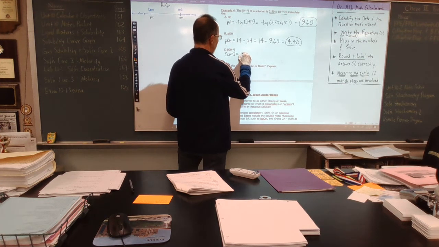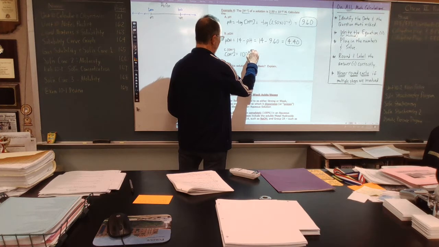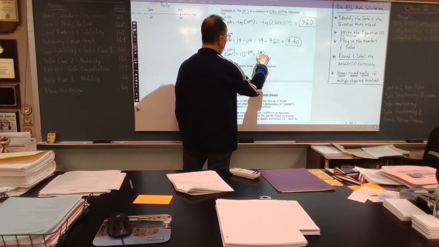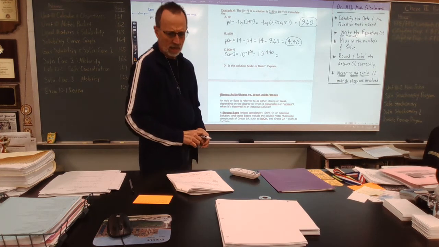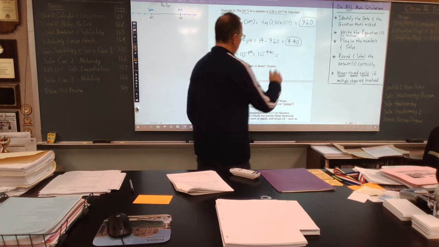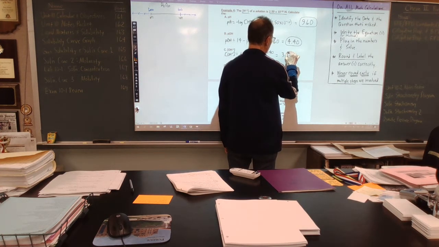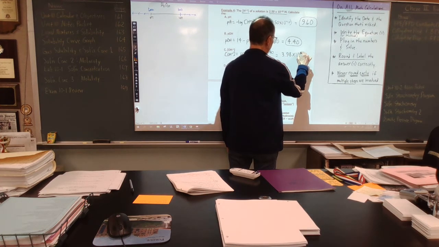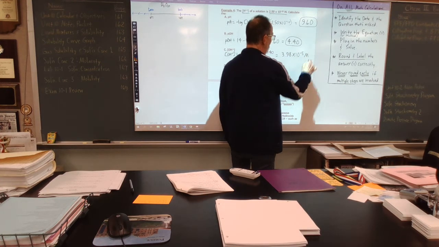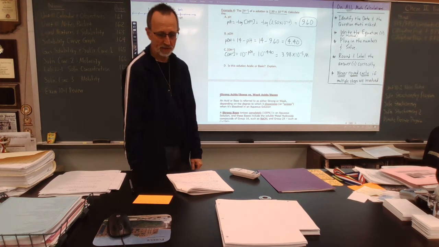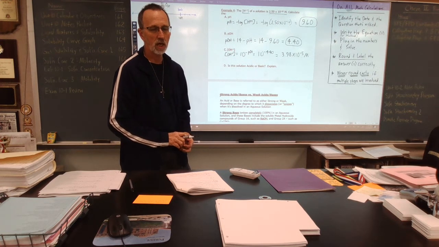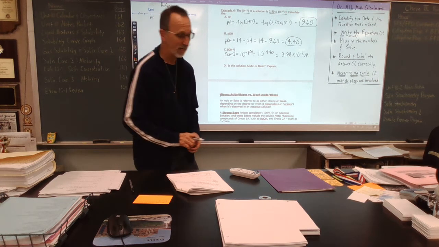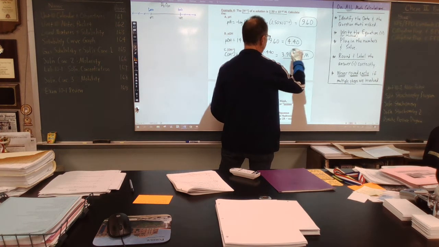So that would be 10 to the negative pOH, which would be 10 to the negative 4.40. And to 3 sig figs, that would be 3.98 times 10 to the minus 5th molar. Don't forget the unit on this one. Remember, hydrogen concentration and hydroxide concentration are labeled with molarity.